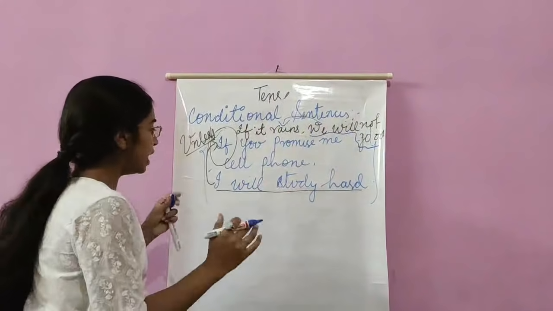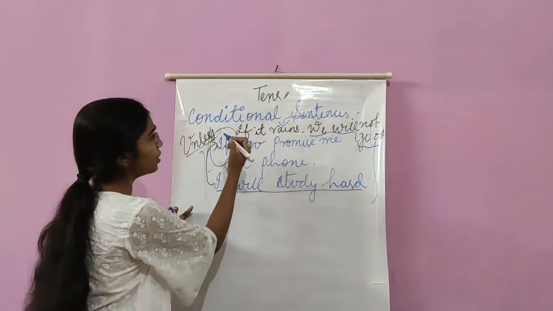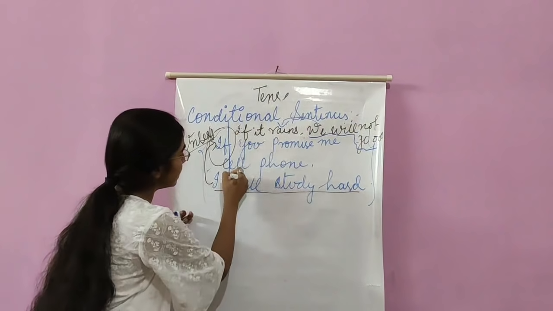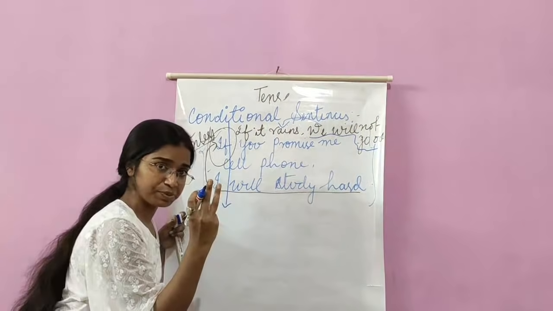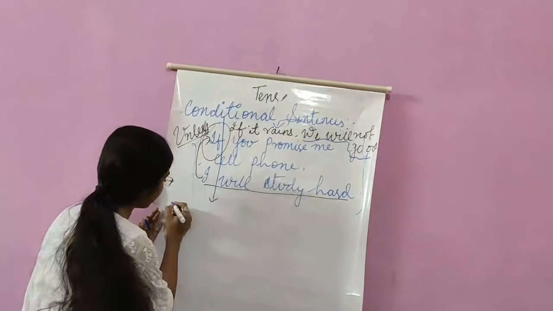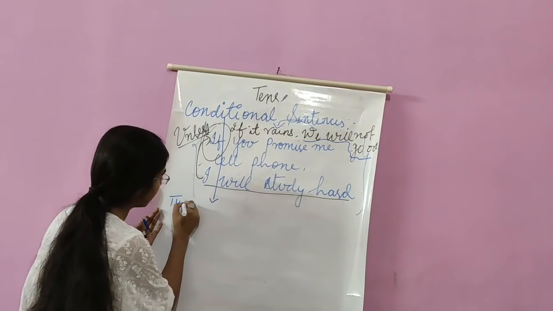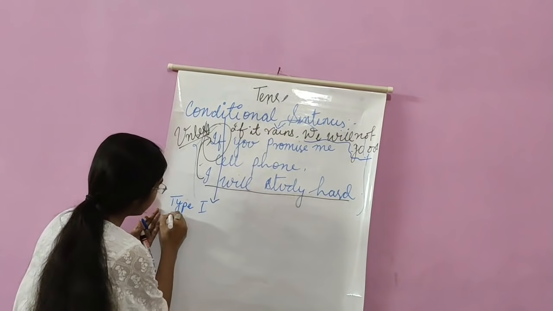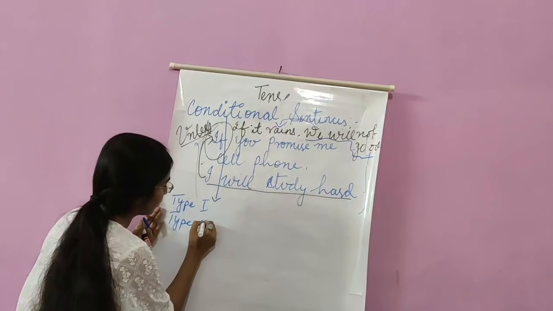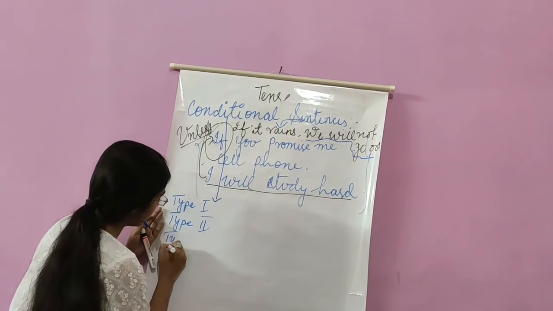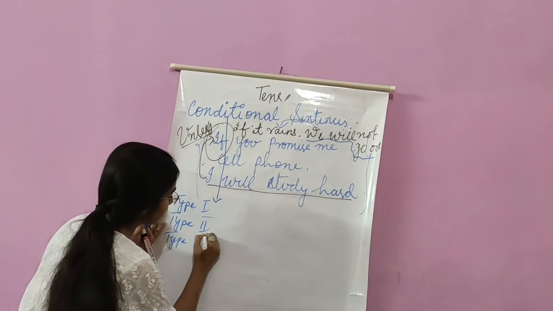Okay. Now, I told you in the previous class that these conditional sentences have three types. We normally know them as type 1, type 2, type 3.